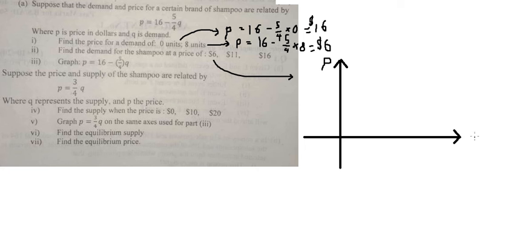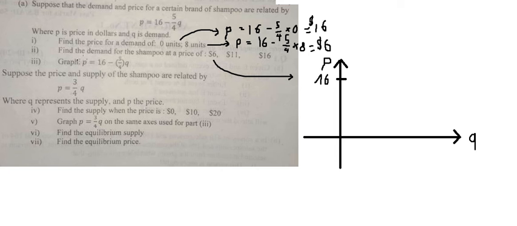This one is Q, the quantities. So 16 when Q is equal to 0. So we put number 16 in here when Q is equal to 0. Now when P is equal to 0, that's about number 16 in here.